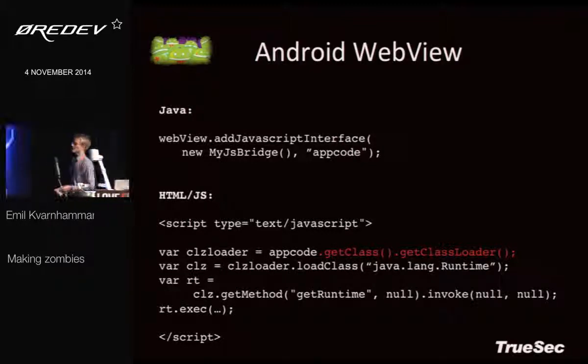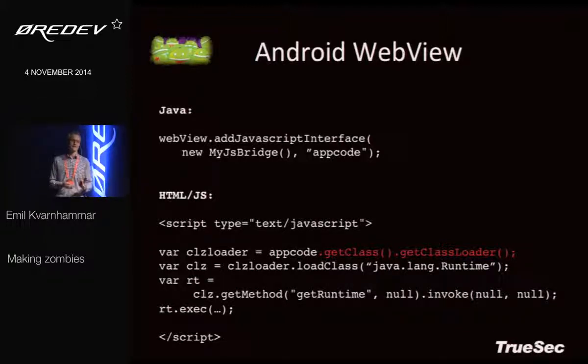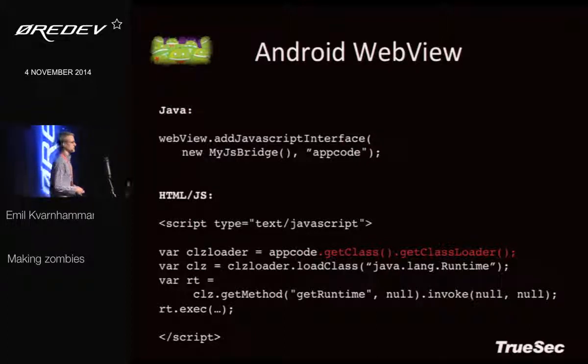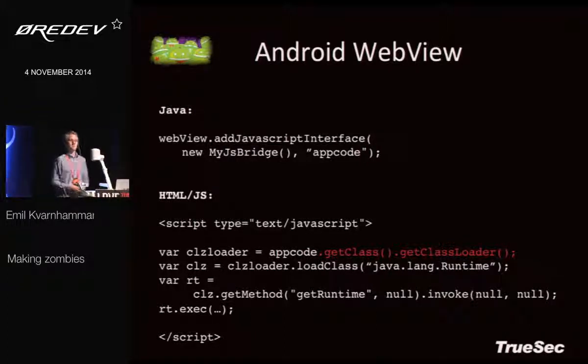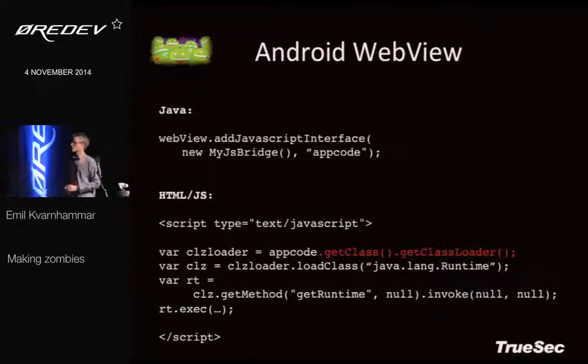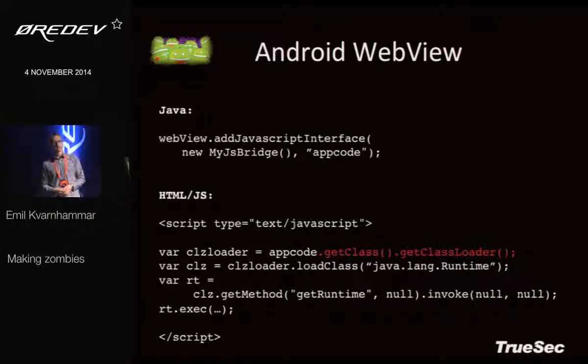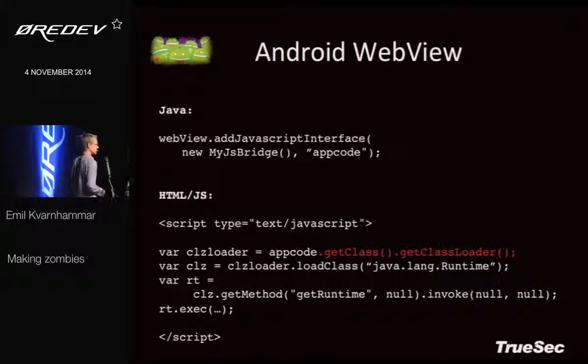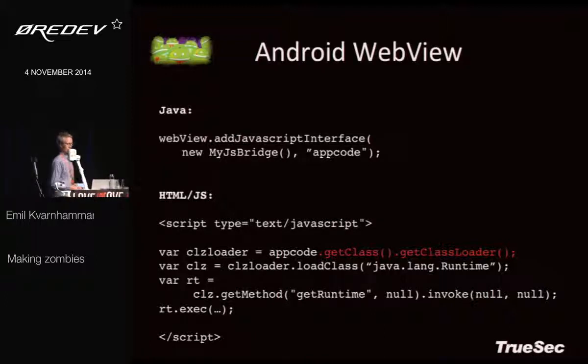And later on, with some limitations, just from the fact that there's a difficulty in passing arrays between Java and JavaScript, you're still able to call basically anything, or at least the important parts. You can instantiate or get access to runtime, getRuntime, to get a runtime object, and then you can invoke the exec method on that.